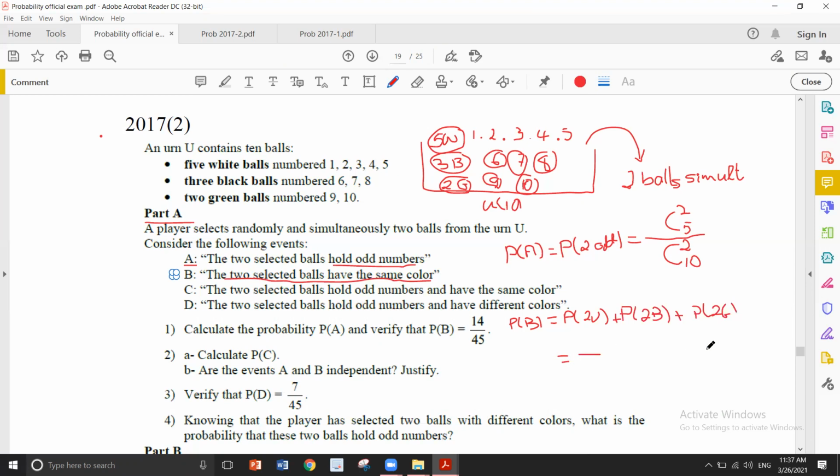The total is choosing 2 from 10. 2 white is 2 from 5, plus 2 black, 2 from 3, plus 2 green, 2 from 2. We get 14 over 45.